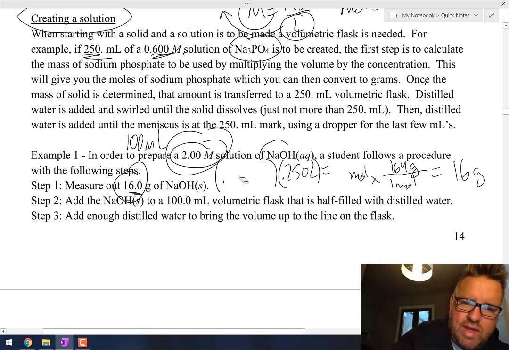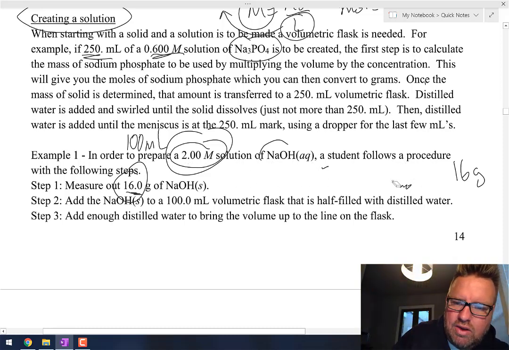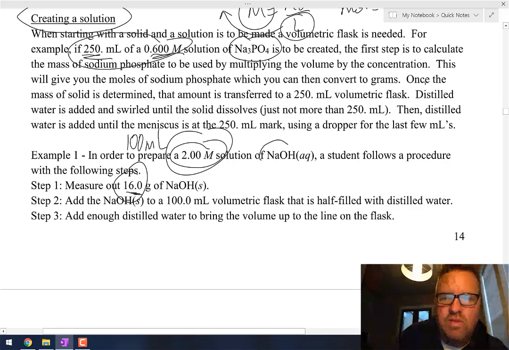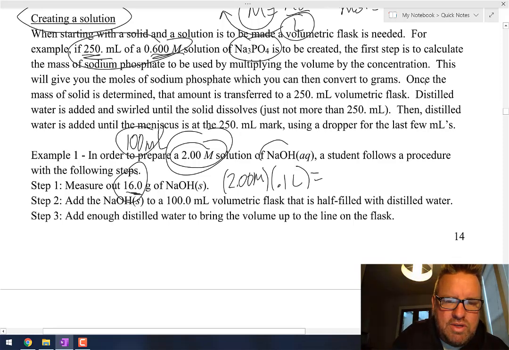Okay, so let me show that math correctly again here. That would be, if I was doing this solution up here, that's exactly how you would do it. But since clearly I changed it, okay, so I would take that concentration, I'm going to multiply by its volume in liters. And the only reason I know it's 100 milliliters is because I looked at my answer down here and it said 100 milliliters.